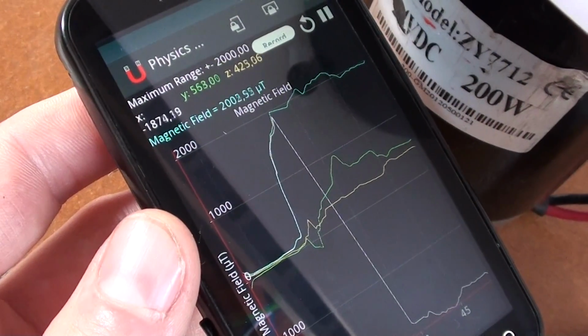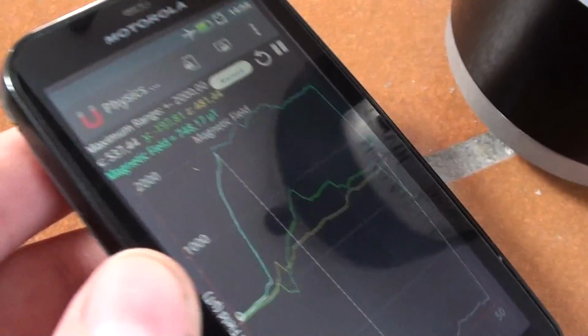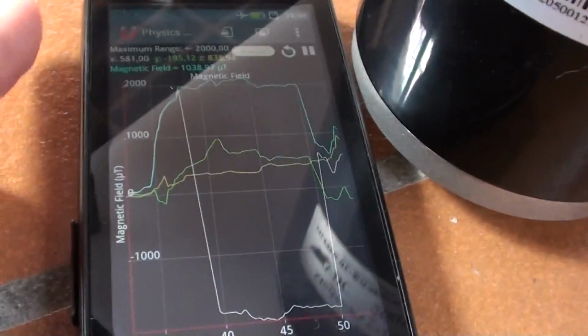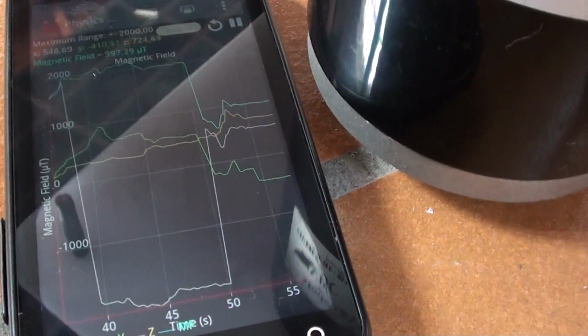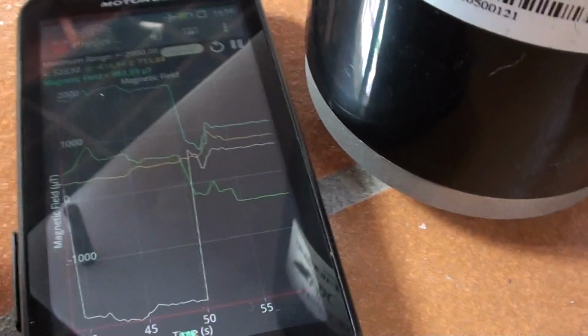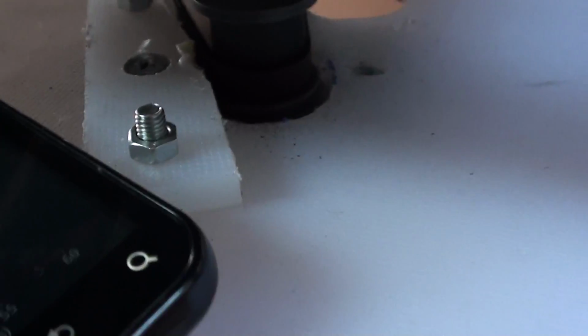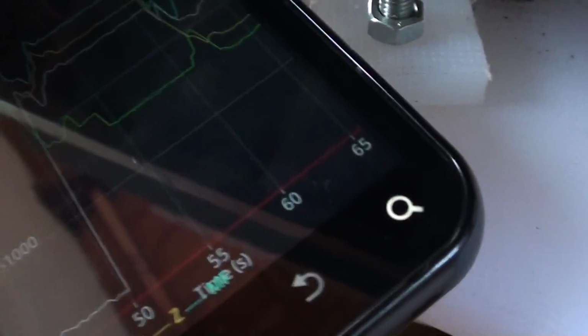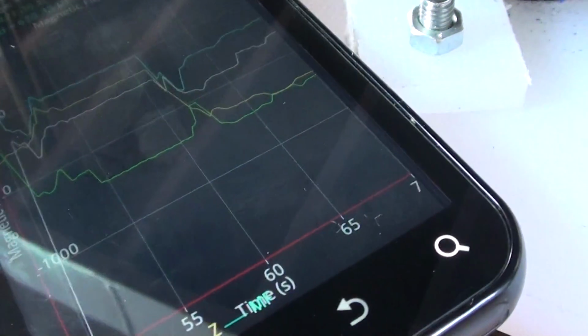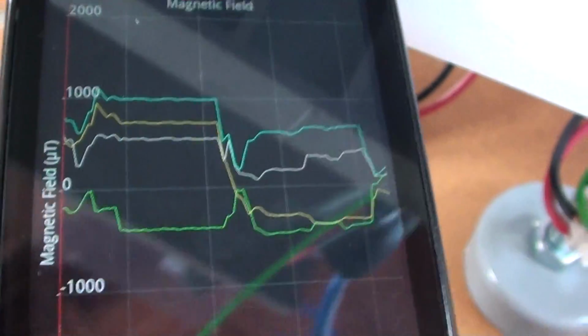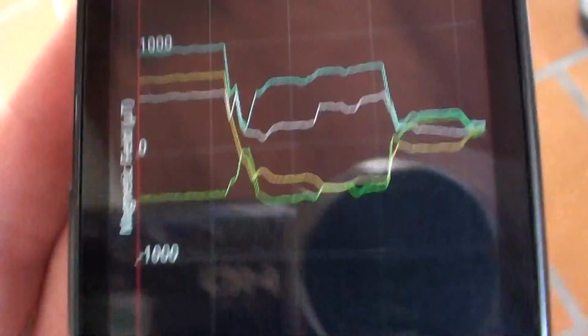Well, this is the magnet of motor. So if we put it here, we don't see it. On top, but where we have seen it.